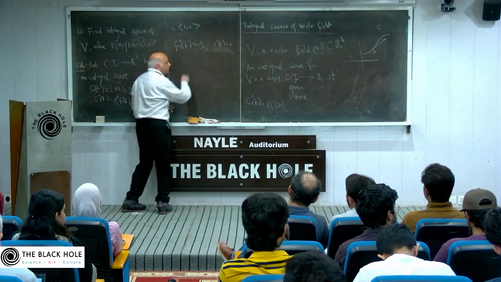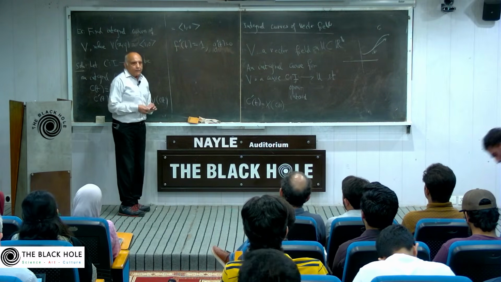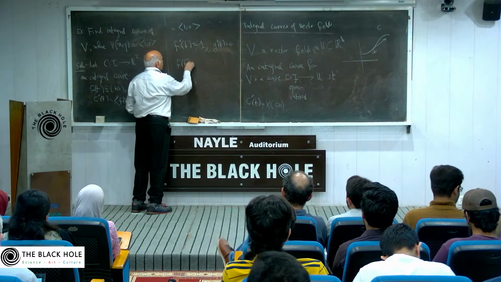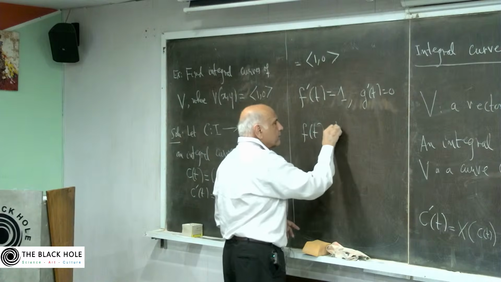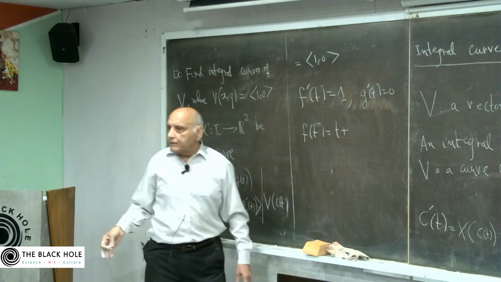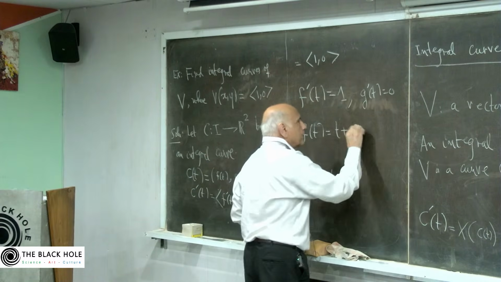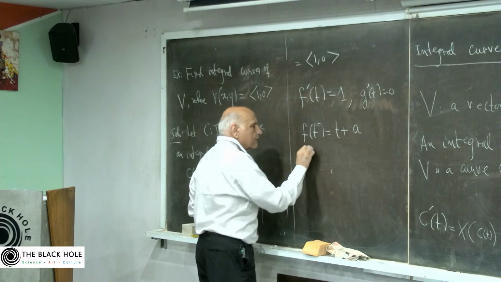So what is the solution of this? f(t) is equal to t plus some constant. You want to call it A? Okay, let's call it A. And what is g(t)?